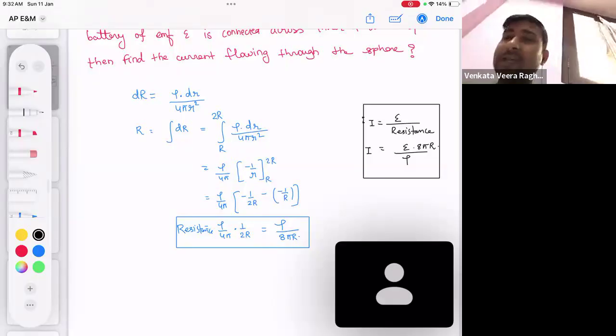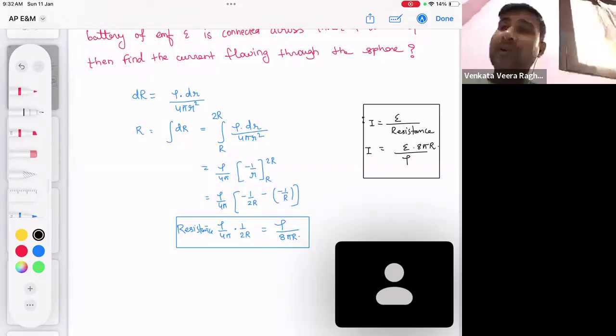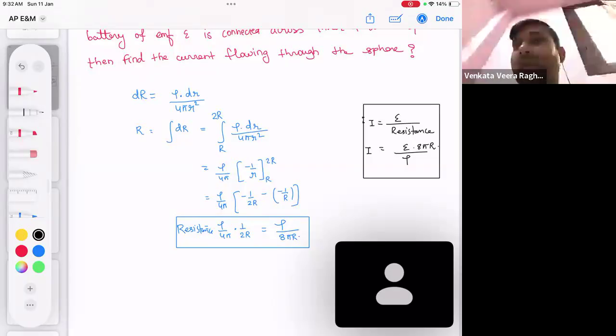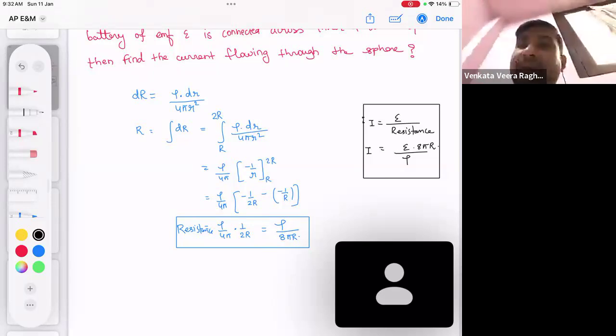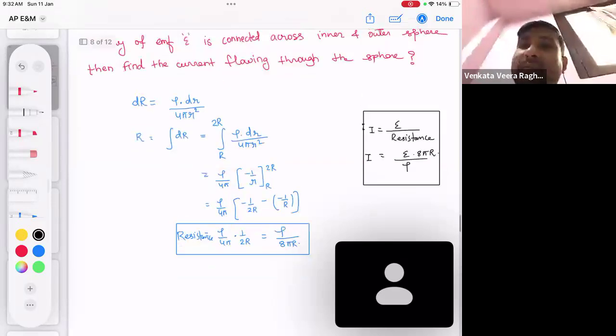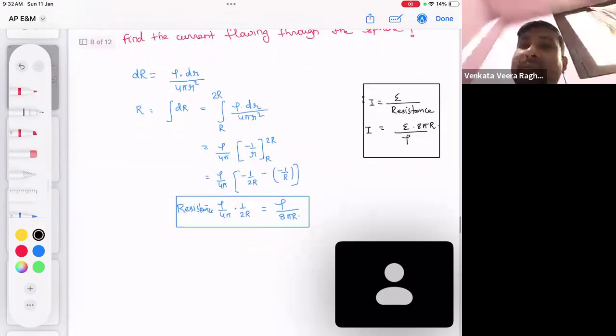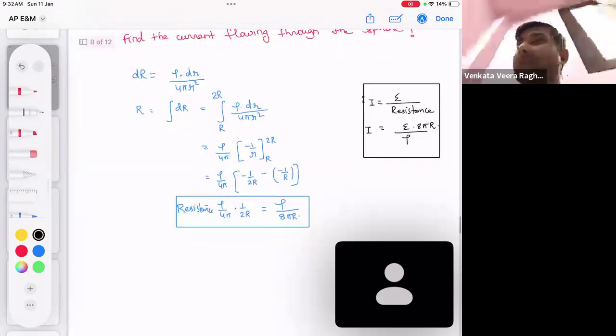Like as we go away from the inner sphere towards the outer sphere, the density, sorry, resistivity is changing. So that is also possible. But please keep in mind what the resistance is. Resistance means rho L by A.